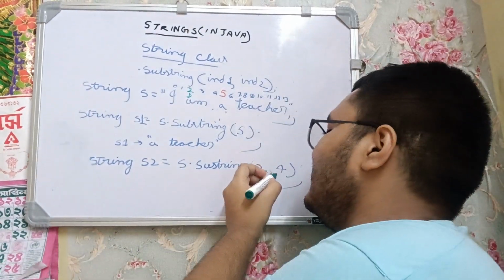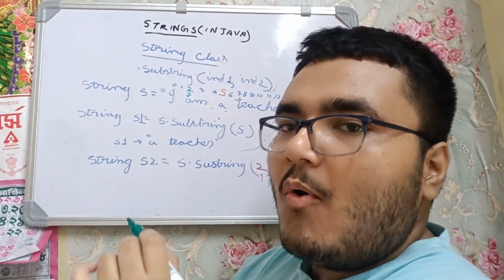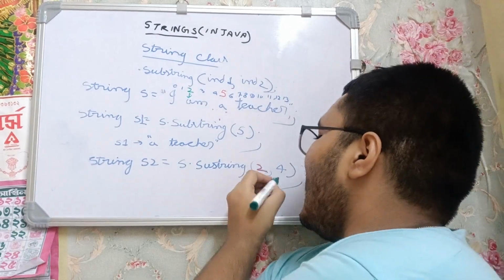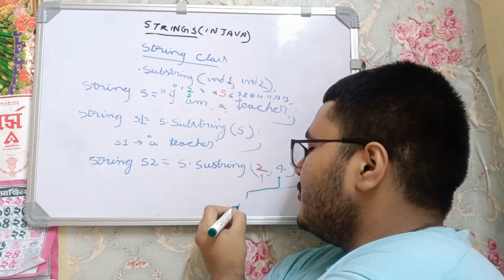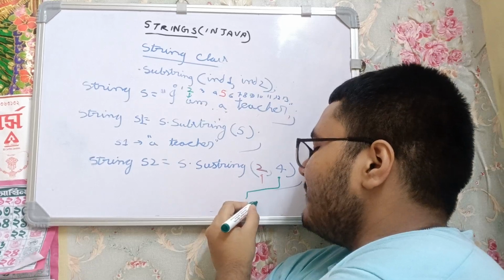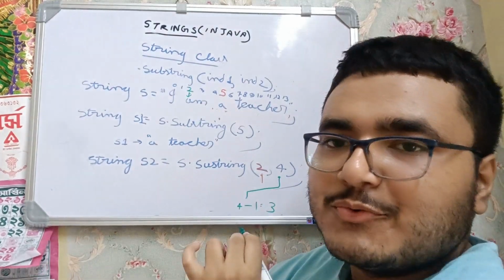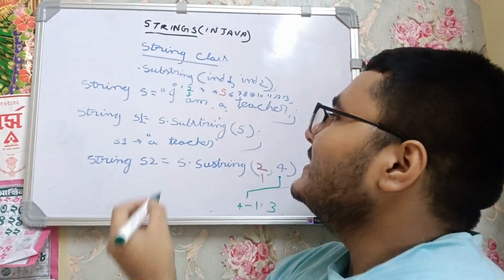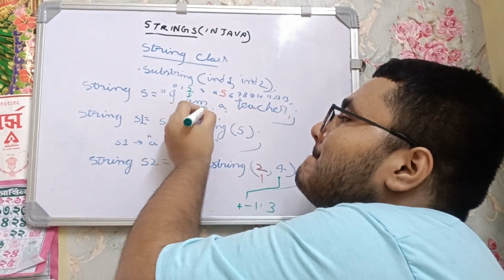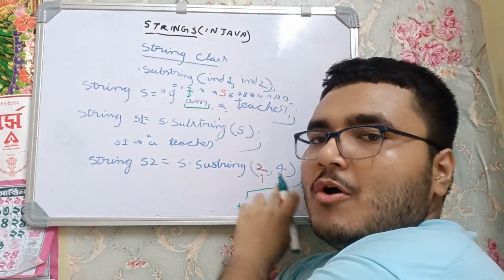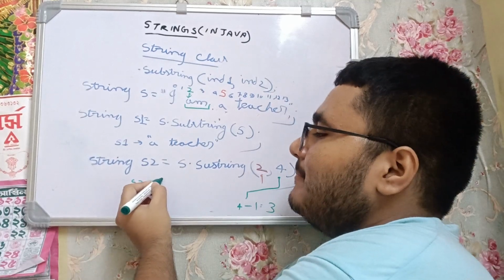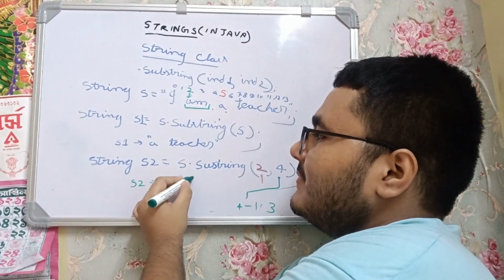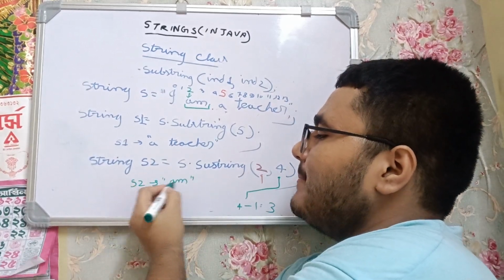Now it will collect all the characters up to the last index minus 1. So here if I am writing 4, it will collect the string up to 3. 4 minus 1 is equal to 3. So it will collect m. If I am writing 2, 4, it is collecting m. So s2 is equal to m.